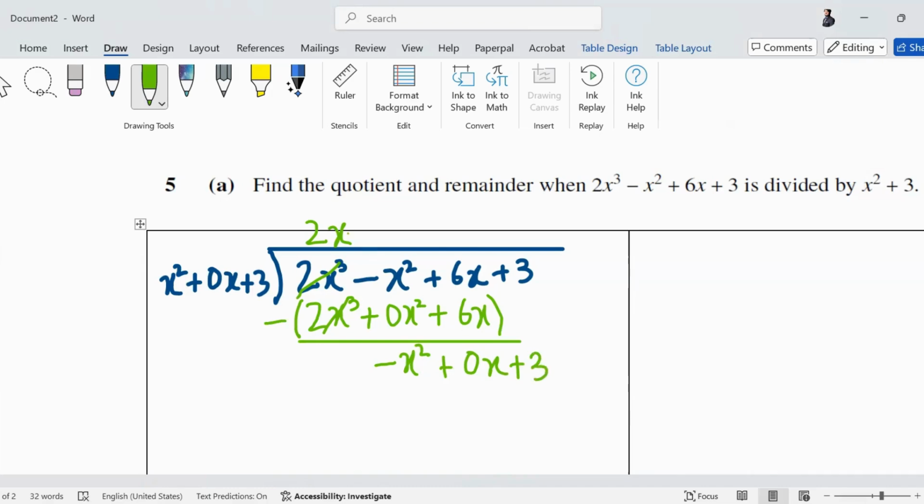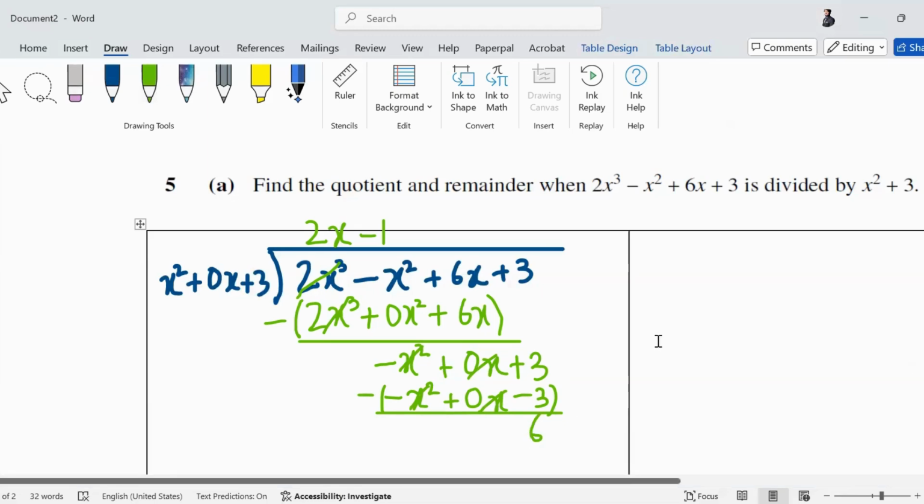So now I must multiply it by minus 1. And this will become minus x squared plus 0x and minus 3. So I'll subtract both of them. X squared cancelled out. There was no term of x. And then plus 3 will become plus 6.